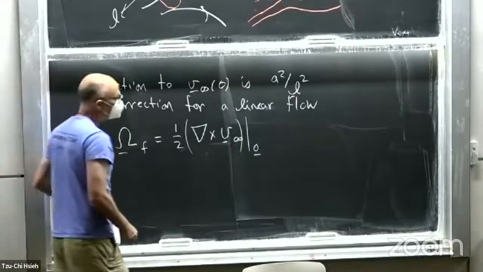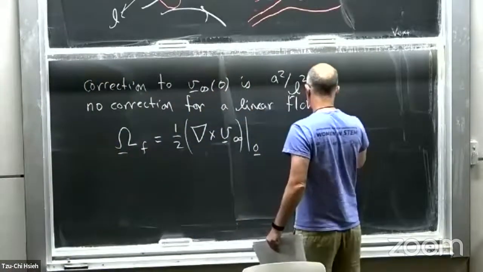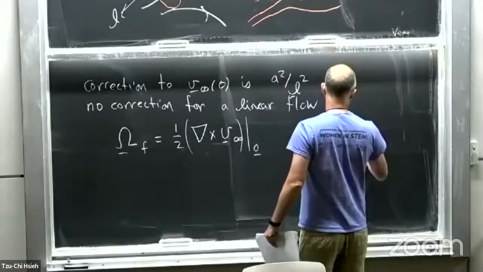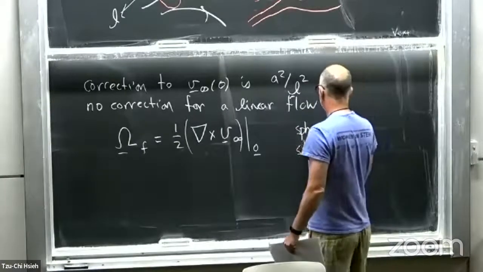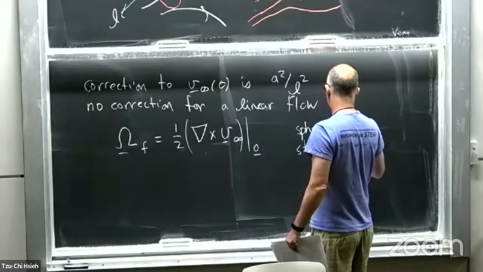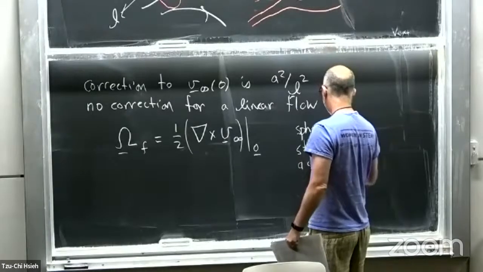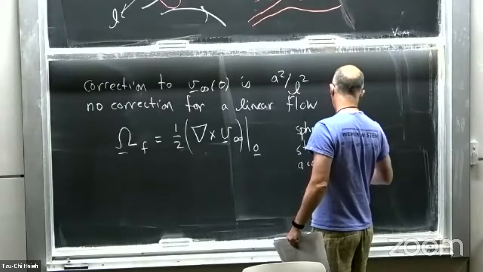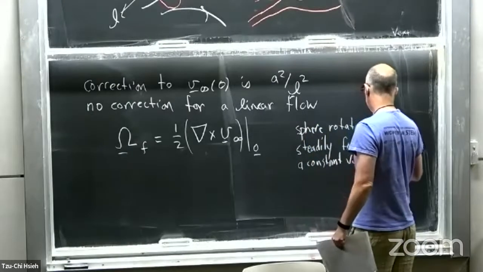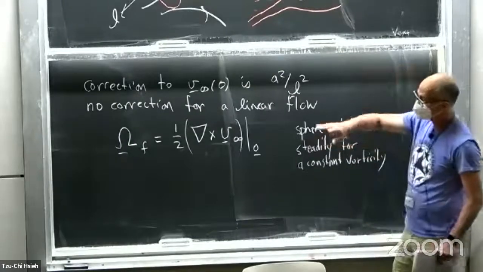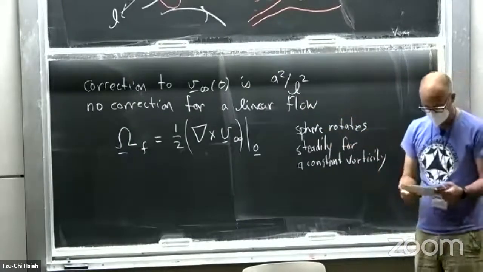So for a sphere, the sphere rotates steadily if you have a constant vorticity, like in that simple shear flow.